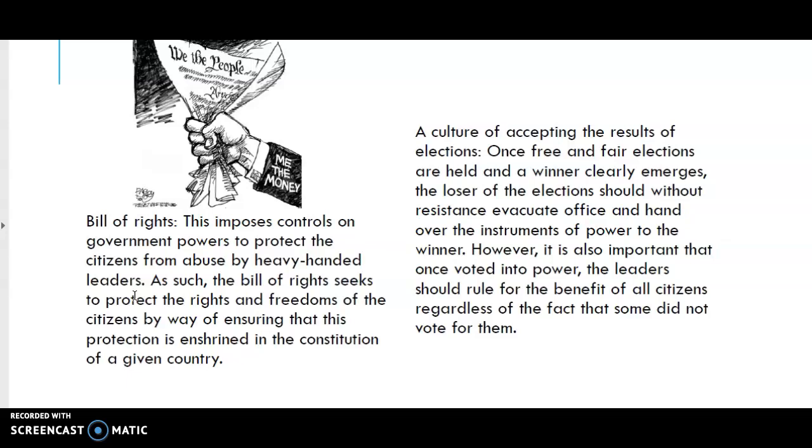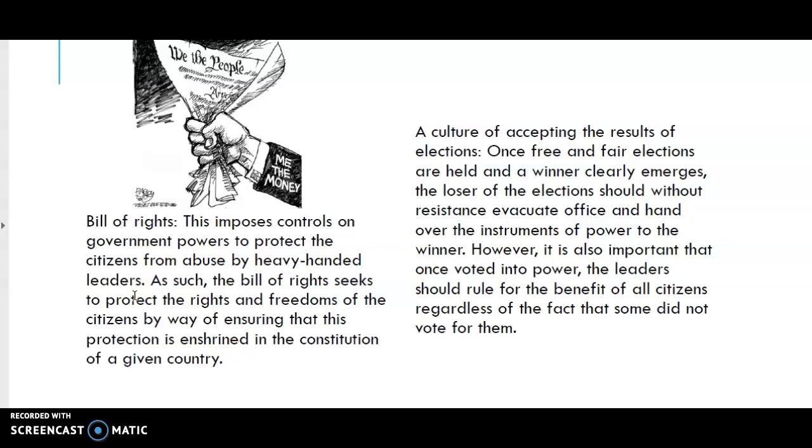Then a culture of accepting the results of elections. Once free and fair elections are held, remember that that is a previous principle, we need to make sure that in a democratic government, people are willing to accept that those are the results. Sometimes, and it happens to all of us as grown-ups, sometimes we get sad and we don't feel comfortable with the election results. Sometimes we're not happy with the person who won the election.